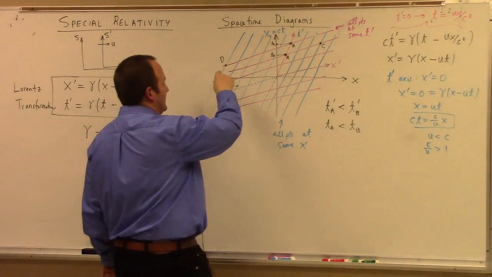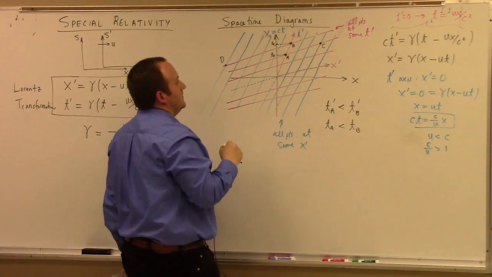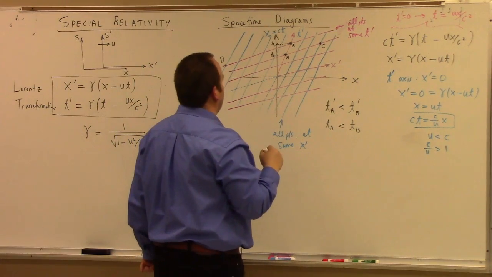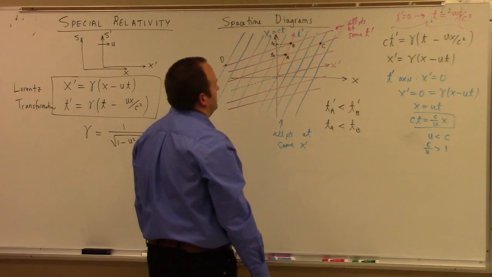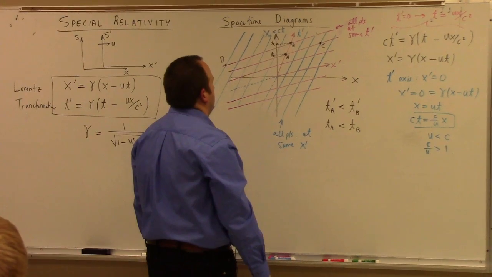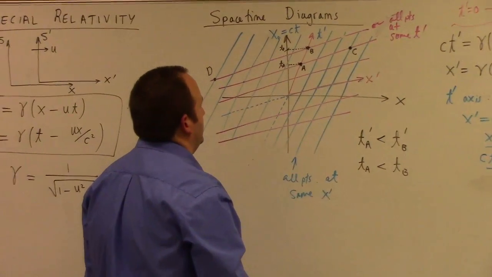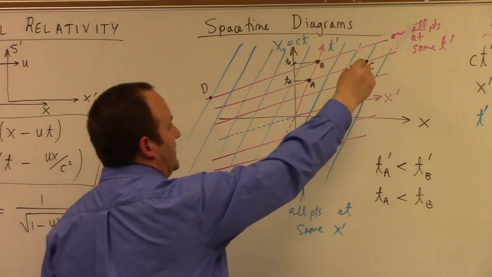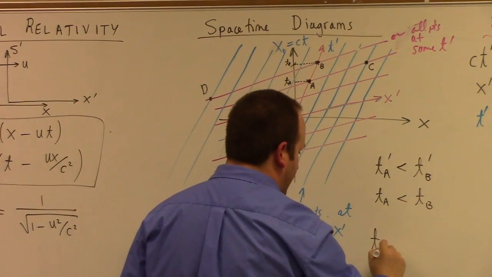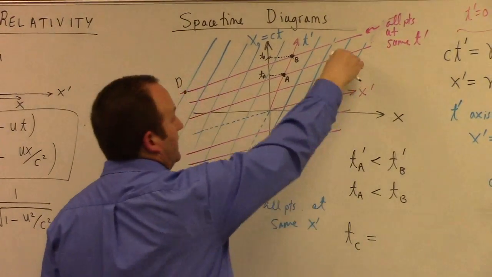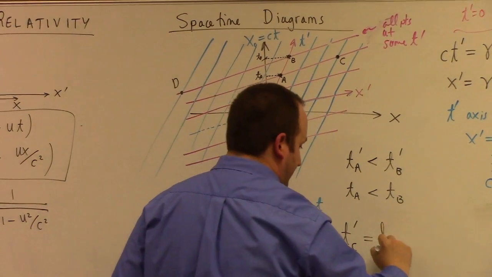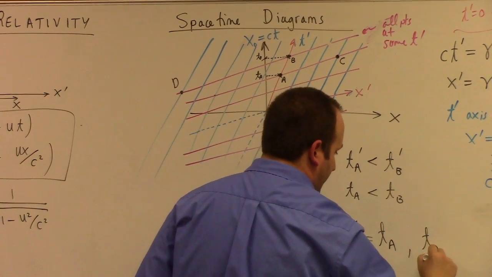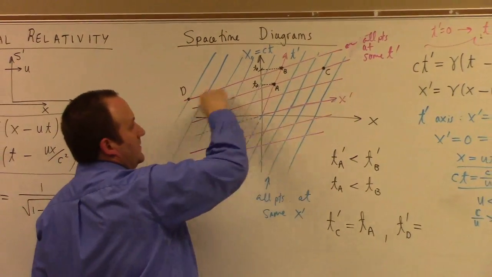What's the deal with events C and D, though? So how about TC? Now I think we can all agree that TC prime, the time in the prime frame for C, is TA, right? The time in the prime frame for D is TB.